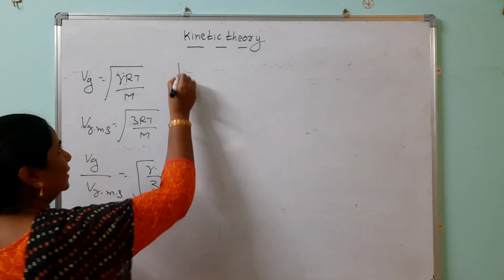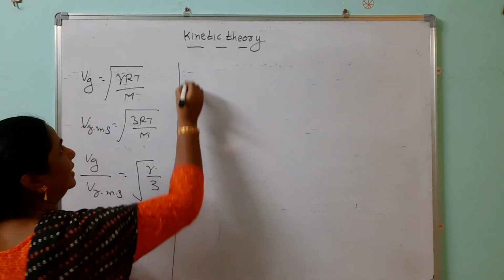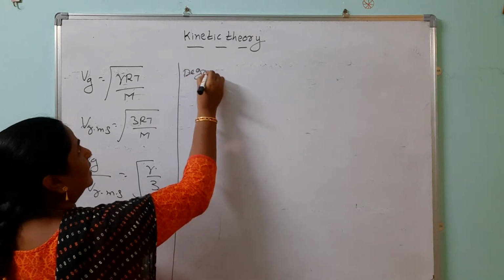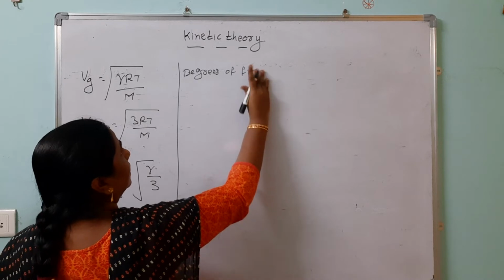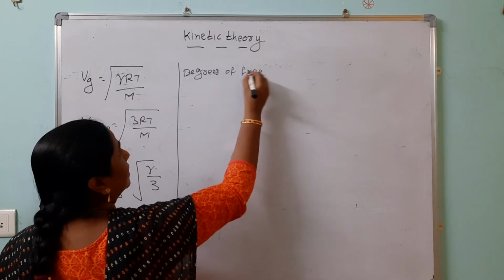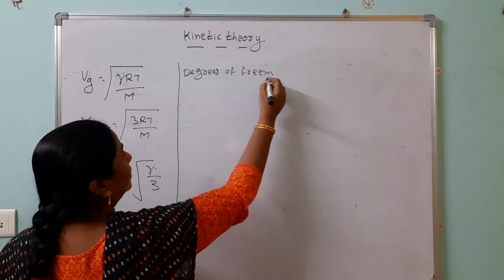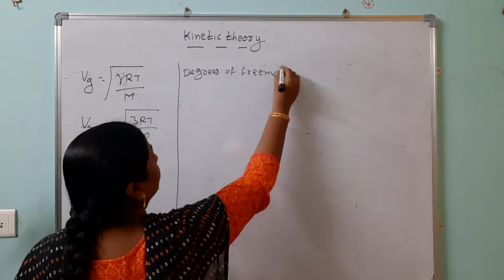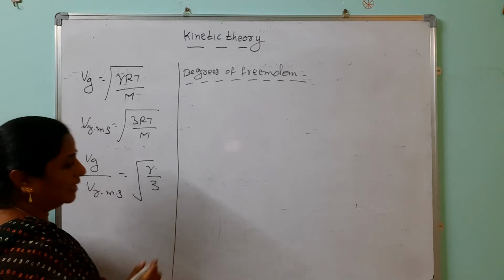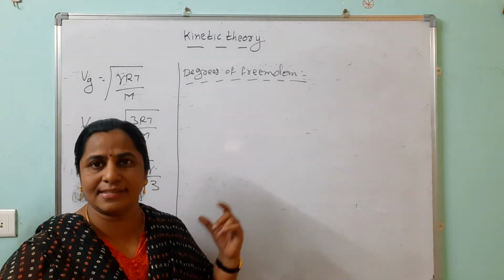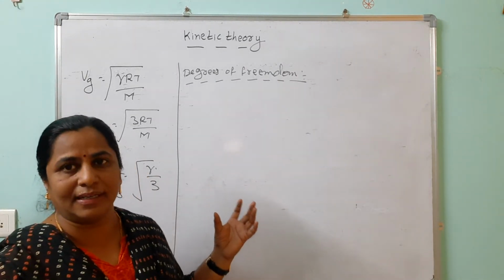Then we are going through the degrees of freedom. Degrees of freedom means the possible ways of movement, that is called the degrees of freedom. So for monoatomic gas, each degree gets 1 by 2 kBT.